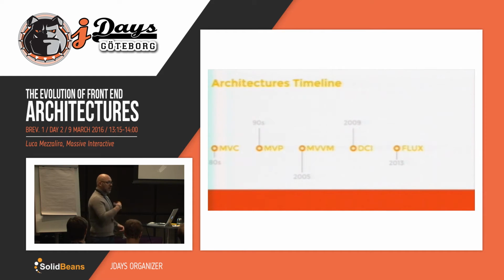And that brings a lot of benefit, in particular for large applications, because if I have new developers joining my team, they don't need to work out whether the architecture is respected or not. It's super easy to onboard them into the team and have them speed up immediately. With Flux, the flow is always the same. The view dispatches an action. The action is grabbed by the event dispatcher. The event dispatcher notifies the store that something changed.